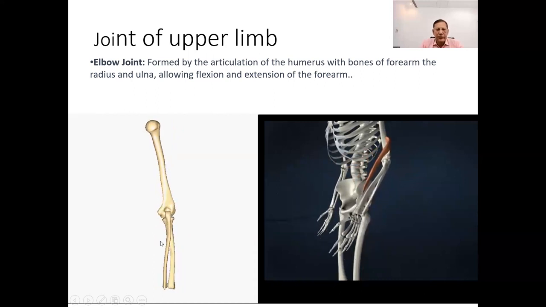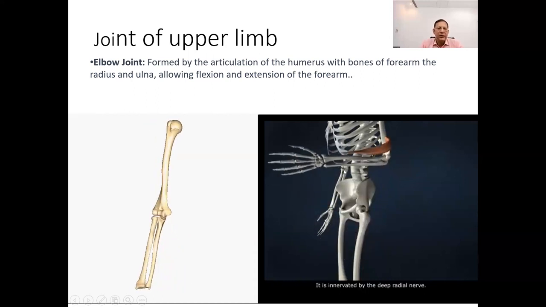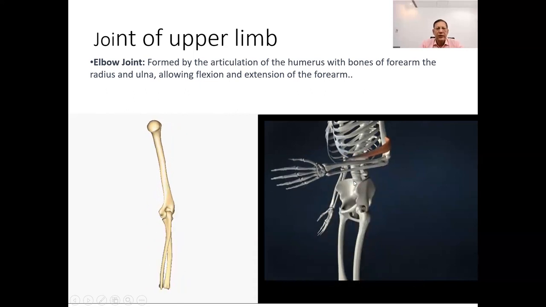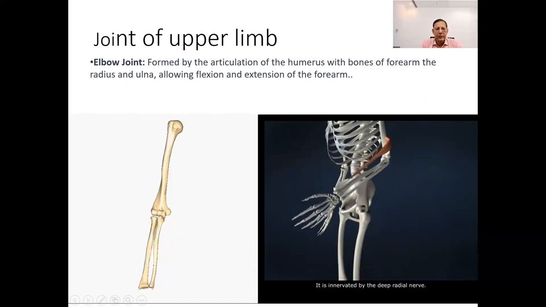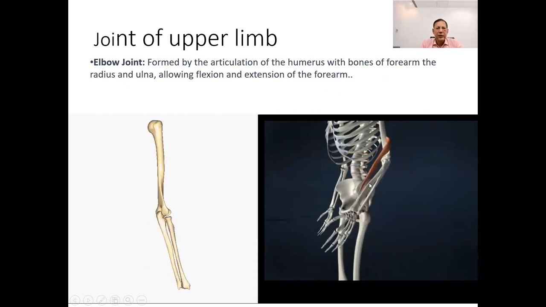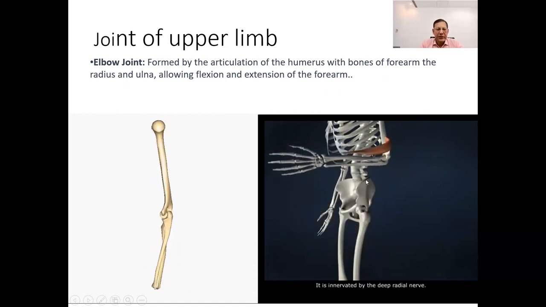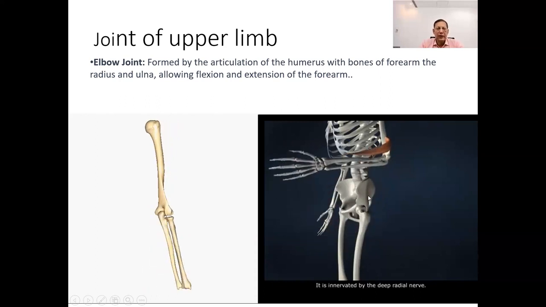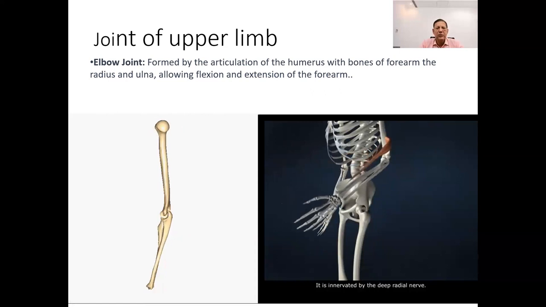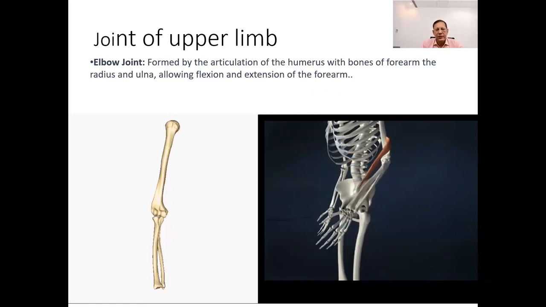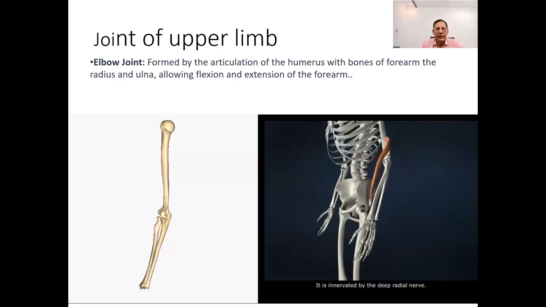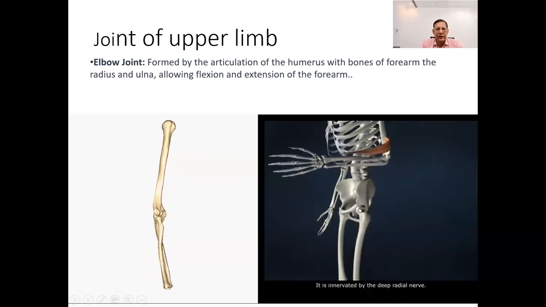This joint allows for the flexion and extension of the forearm, enabling movements such as bending and straightening of the arm. The ulna, one of the two forearm bones running parallel to the radius, forms the prominent joint of the elbow, and this prominent portion is also known as the olecranon process.